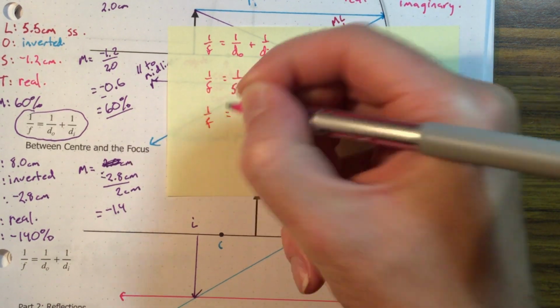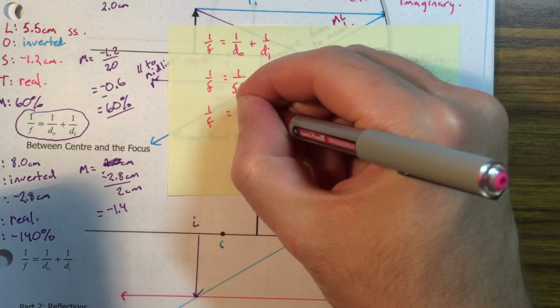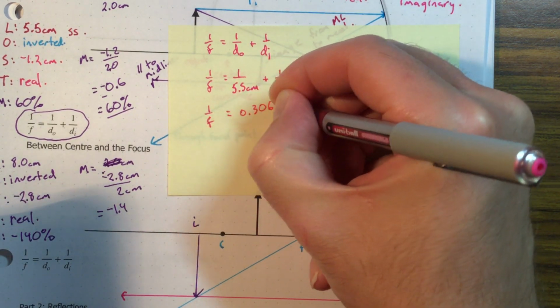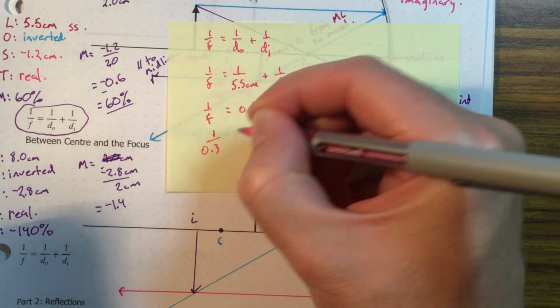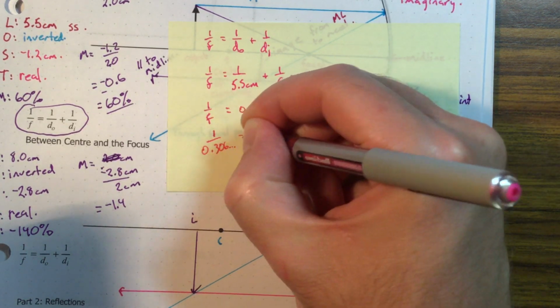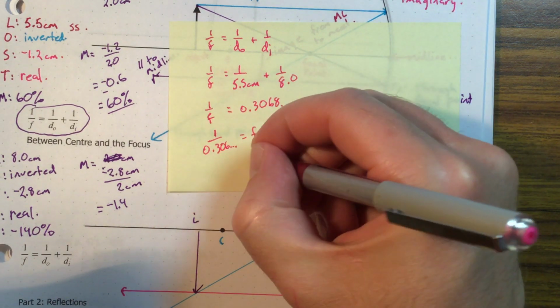And I do that math. 1 divided by 5.5 plus 1 divided by 8, and I get 0.3068 dot dot dot, keeps going. 1 over 0.306 dot dot dot is equal to my focus, so I do 1 divided by my answer. 3.3 centimeters.